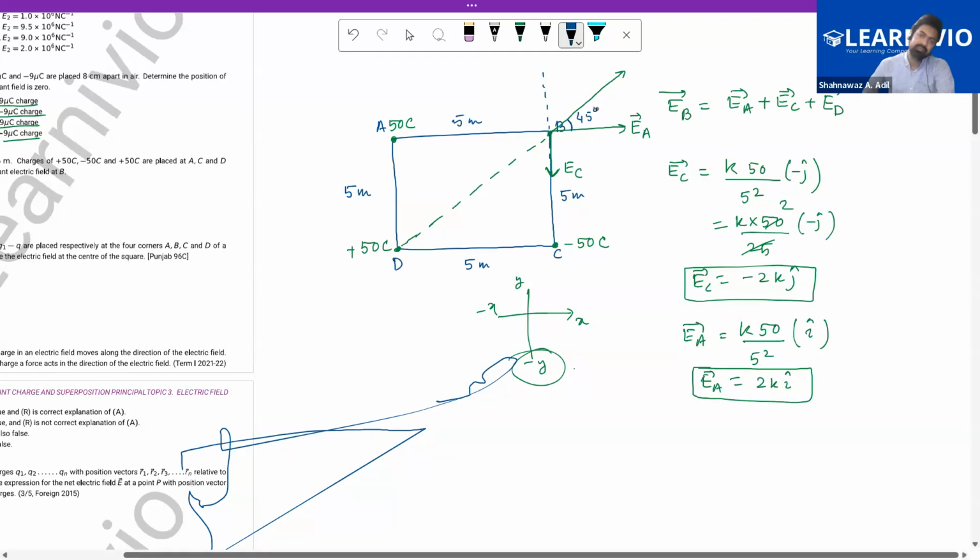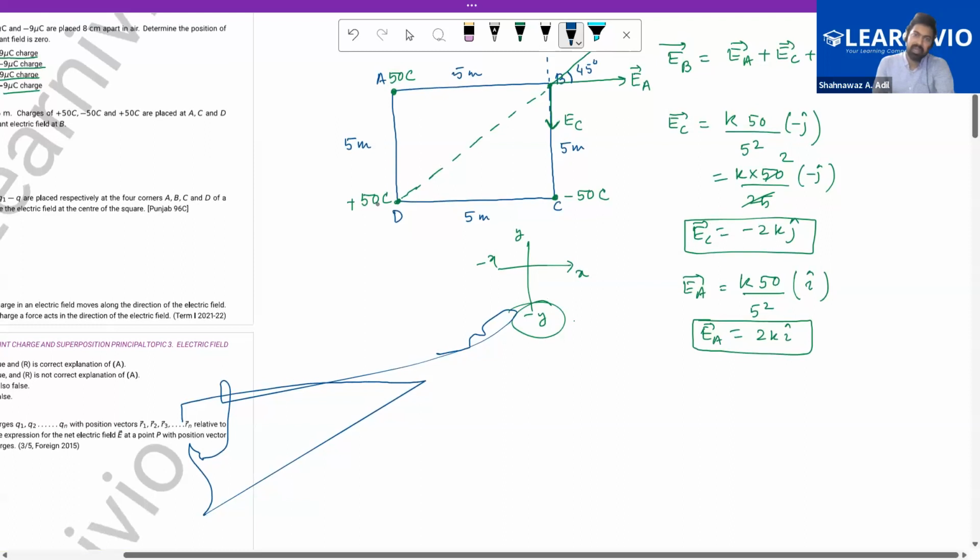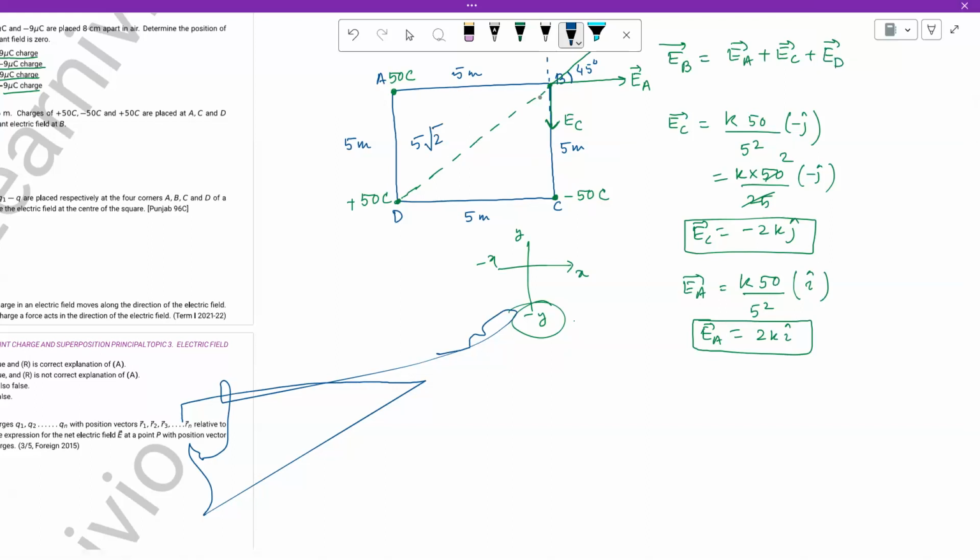We have a magnitude, so this is 5, this is 5, so this BD distance would be 5 root 2.